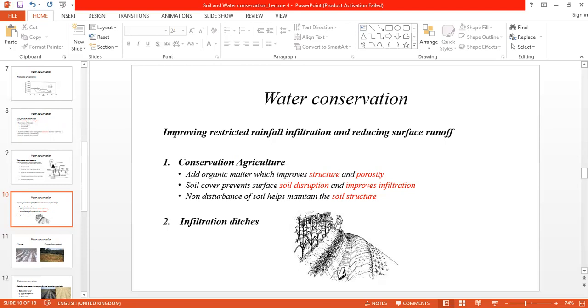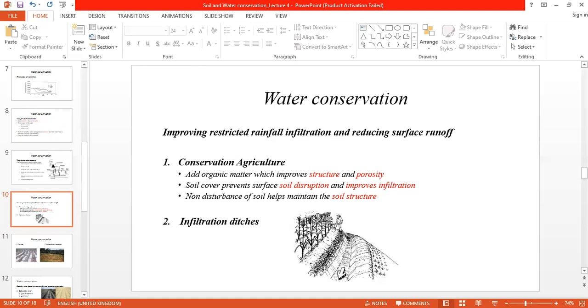Then we also know that because we are leaving those residues on the surface of the soil, as the rain is coming, it doesn't break down the soil. The rain impact, the one which detaches the particles, because there's the cover there, it doesn't break them down.